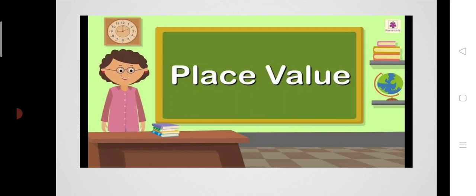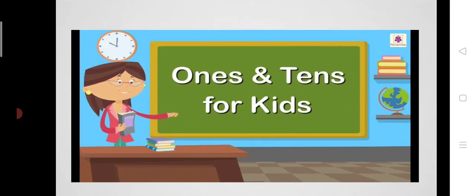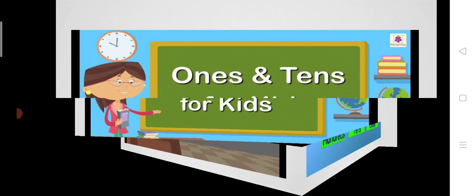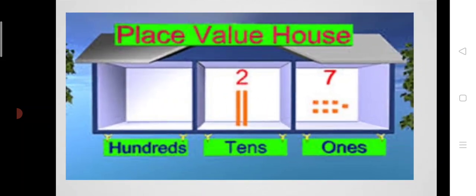Numbers up to 50 have only 2 digits. So the place value is ones and tens.